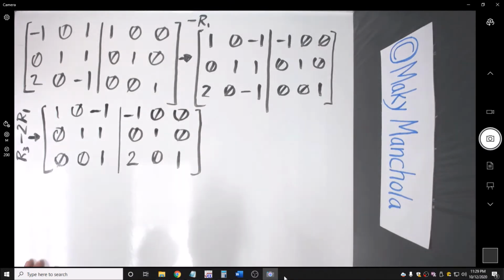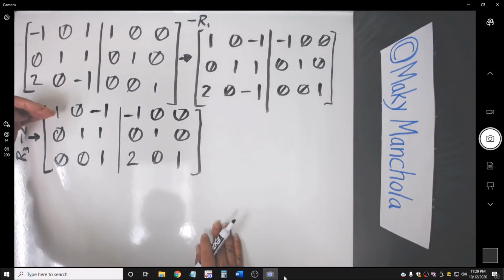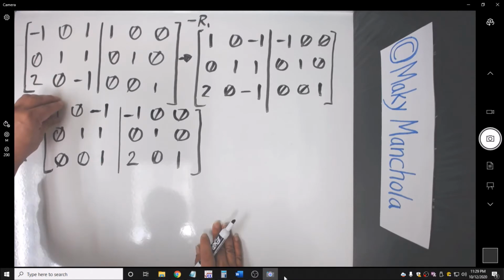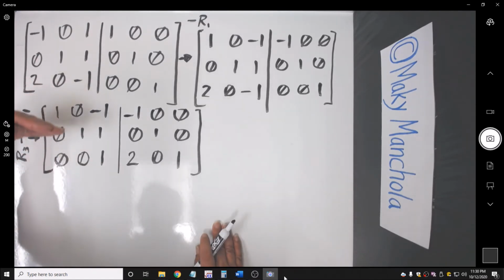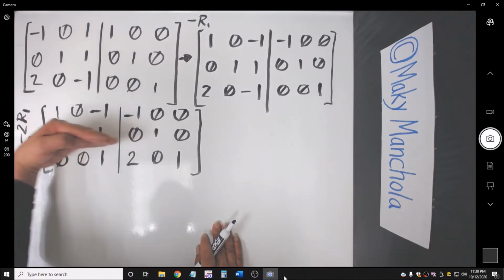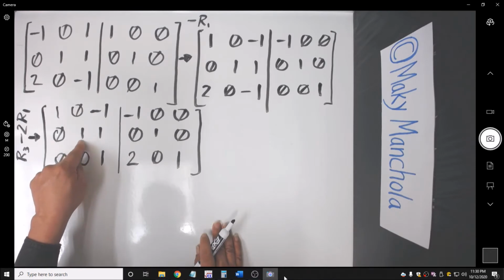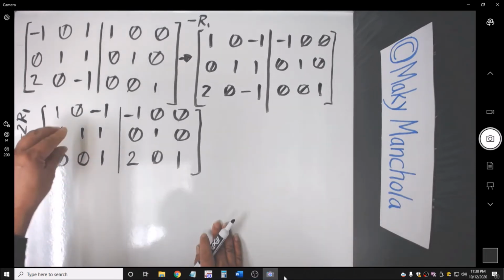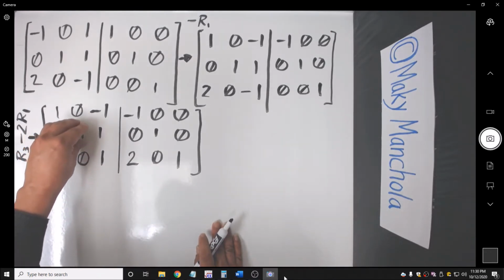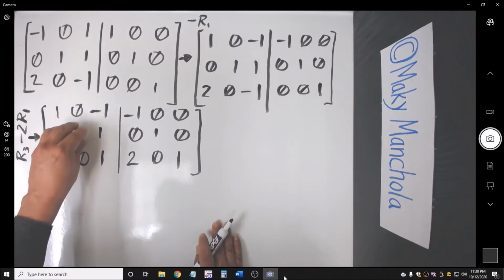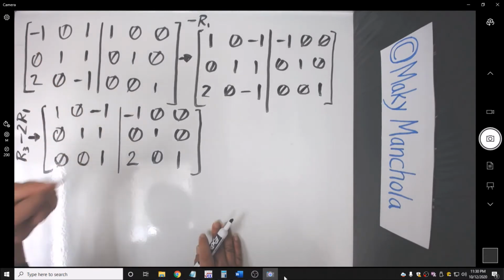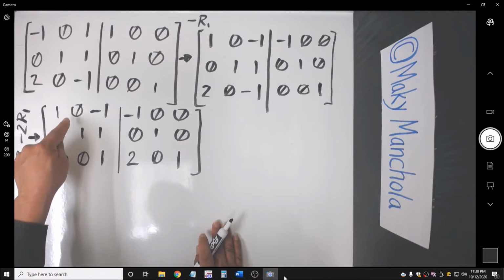Okay, next, once you've used the first pivot to eliminate every other non-zero entry in that column, you go to the next row. The first non-zero entry of that row, you will make it a 1. In this case, it is already a 1. Next, you will utilize that new pivot to eliminate every other non-zero entry in its column. In this case, that's already done.